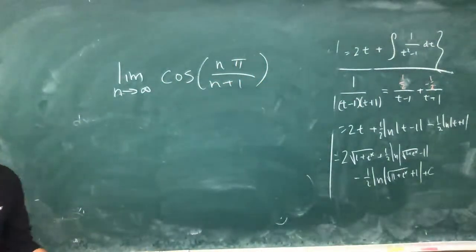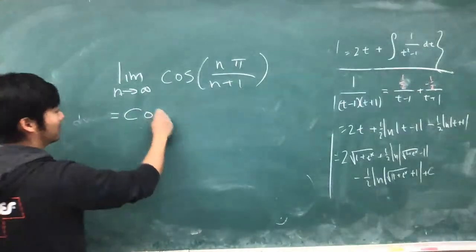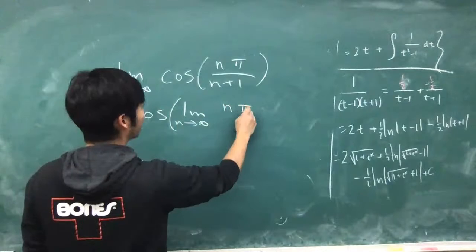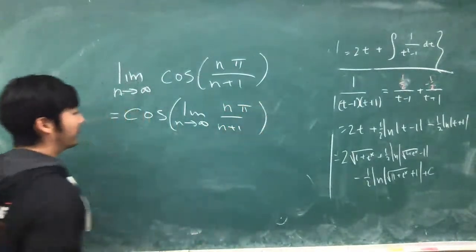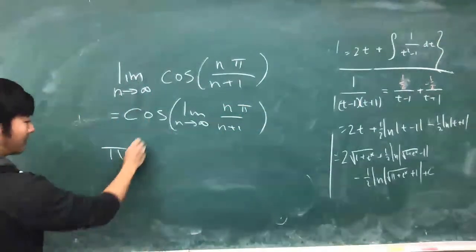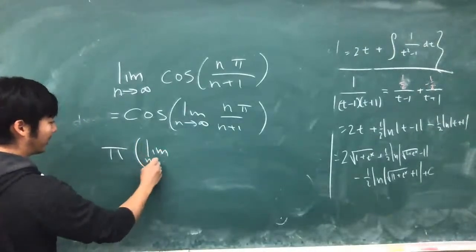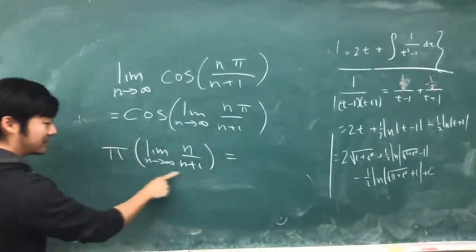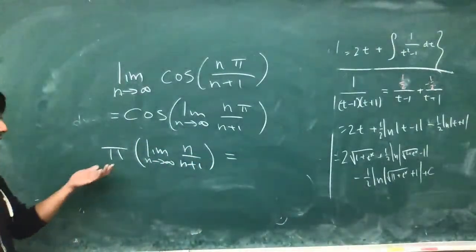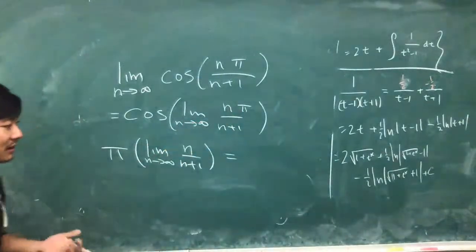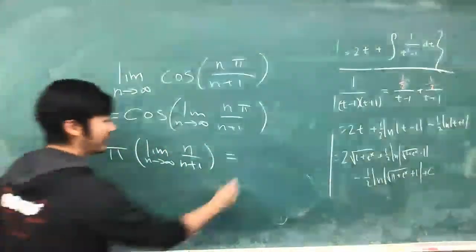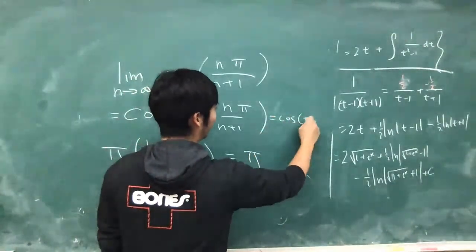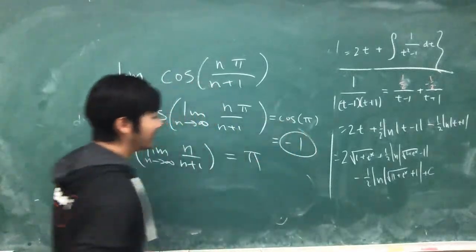So what the heck is this? Well, cosine is a continuous function, so we just want to take the limit inside. Now, if the limit was something like this, then it's probably not too hard to see that this inside limit is 1. Pi is a constant, so this goes to 1, so it's pi. So then this is cosine of pi, which is -1. So that's the limit.